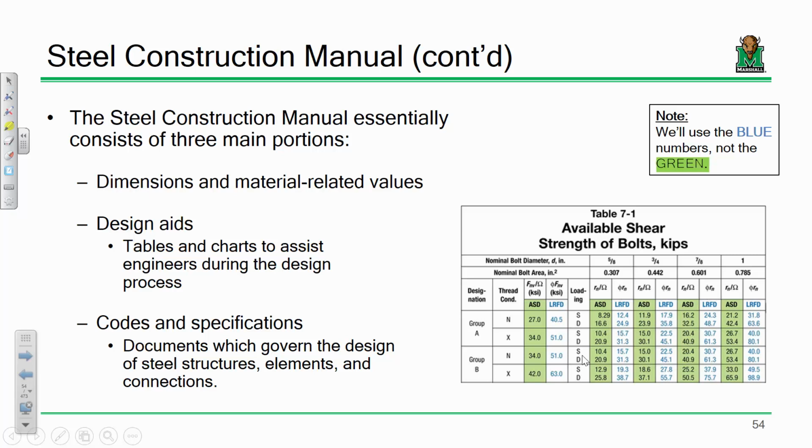So this is the part of the document that tells you as the engineer, this is how you're going to design. And for every chapter and section in the code, there is a corresponding chapter and section in the commentary. The commentary is the section with the gray line. So if you're opening the spec to section D3, and section D3 tells you to do something, there is a corresponding D3 in the commentary that will tell you why you're doing it.